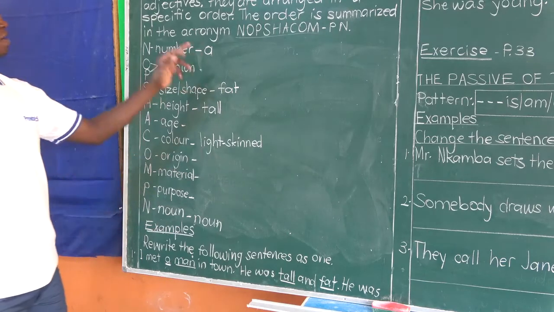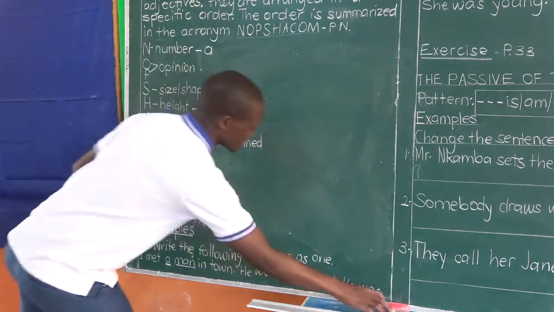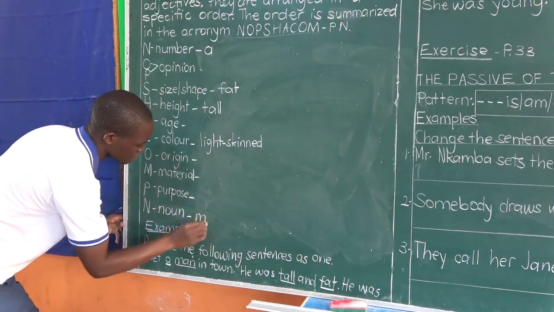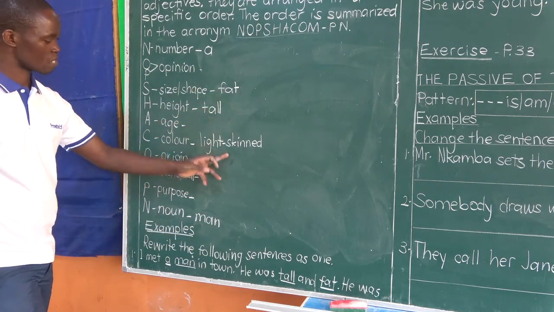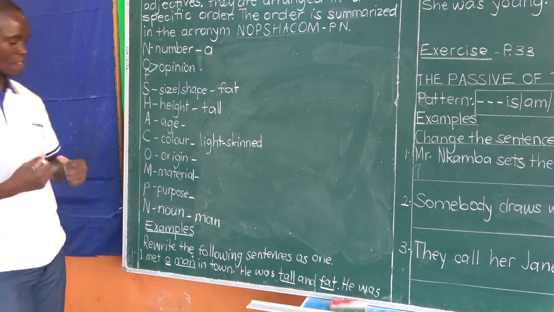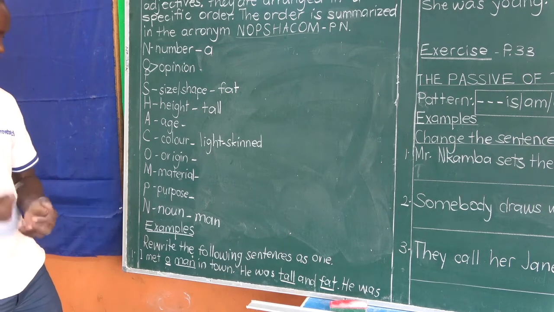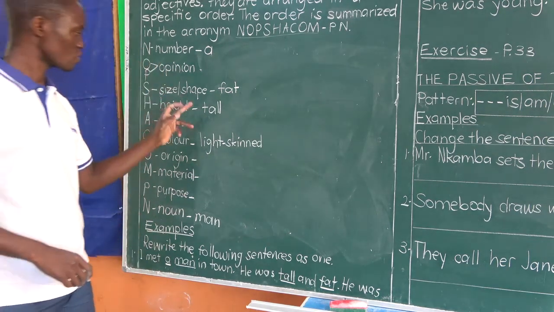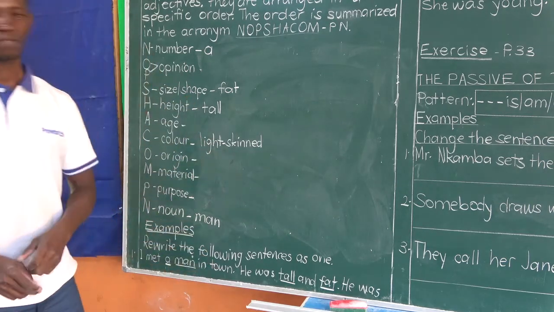So what do we have here? We have a fat, tall, light-skinned. Oh, is this noun? It's not. It's a man. So our sentence will flow like a fat, tall, light-skinned man. A fat, tall, light-skinned man. But that's not a skeleton of our sentence. The correct sentence will be, I met a fat, tall, light-skinned man in town.